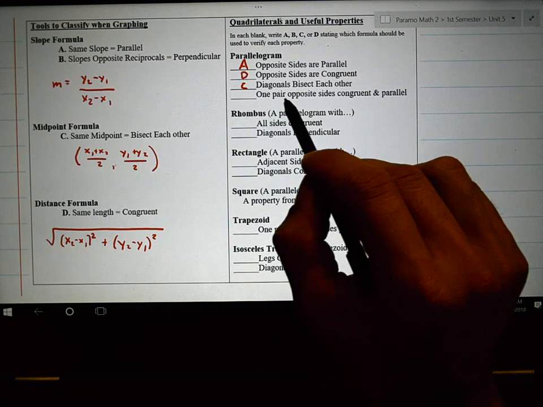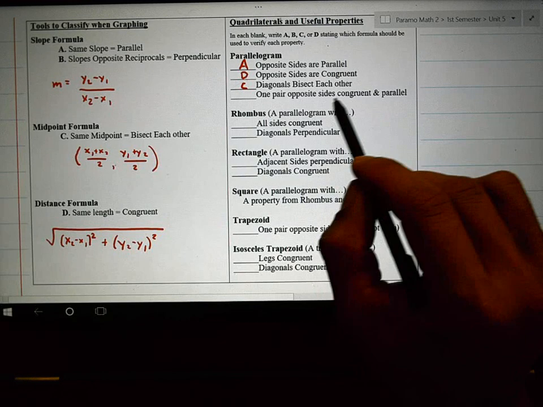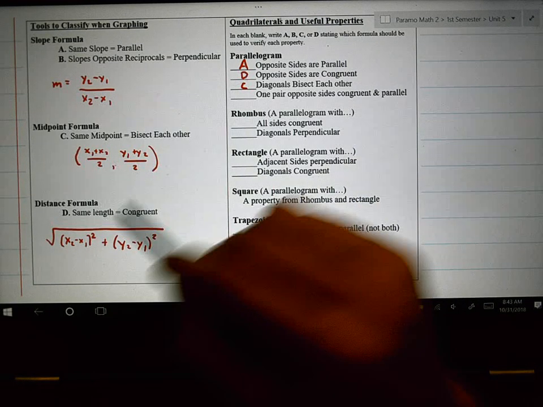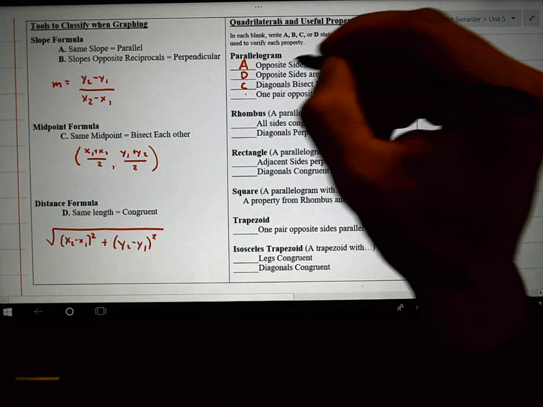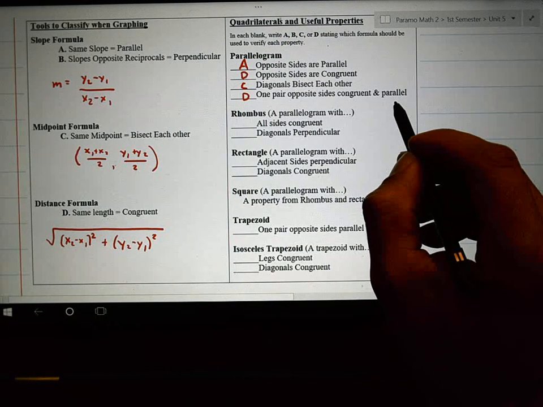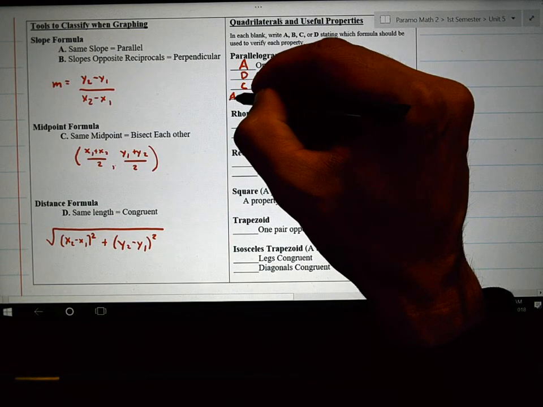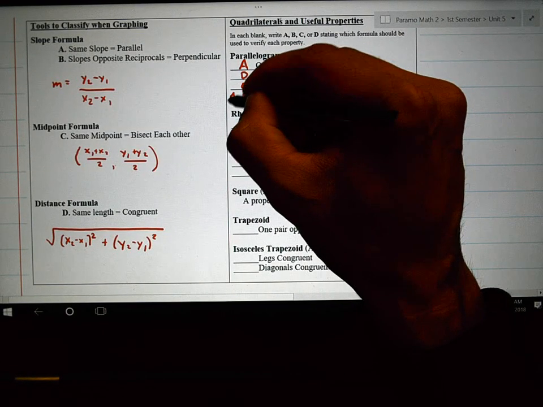If one pair of opposite sides are congruent and parallel, well, we're going to need to use two formulas for that. How do we find if they're congruent? They have the same distance. So I know that's D. And how do we figure out if they're parallel? We're going to use A, the same slope. So this is A and D. We have to use both of them.